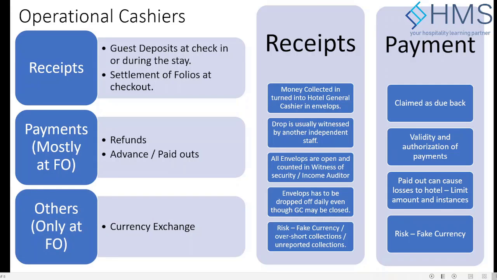And usually you have a currency exchange. So if the hotel is an authorized money changer, usually it can do the currency exchange at the front office.